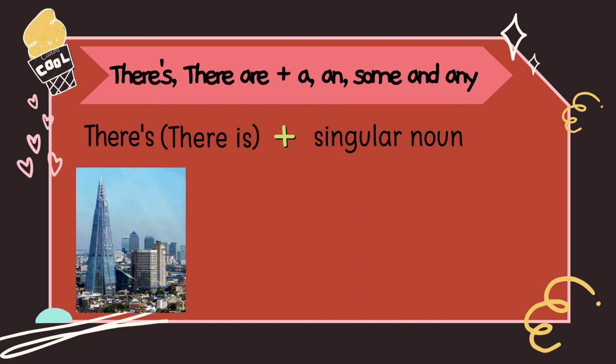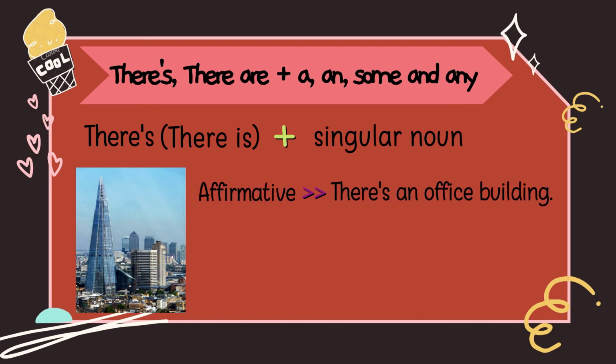Next example, look at the picture. It is a picture of an office building, right? So if I want to write an affirmative sentence, I will write, there's an office building. In this sentence, I use an because an is used together with nouns that start with vowel sounds.